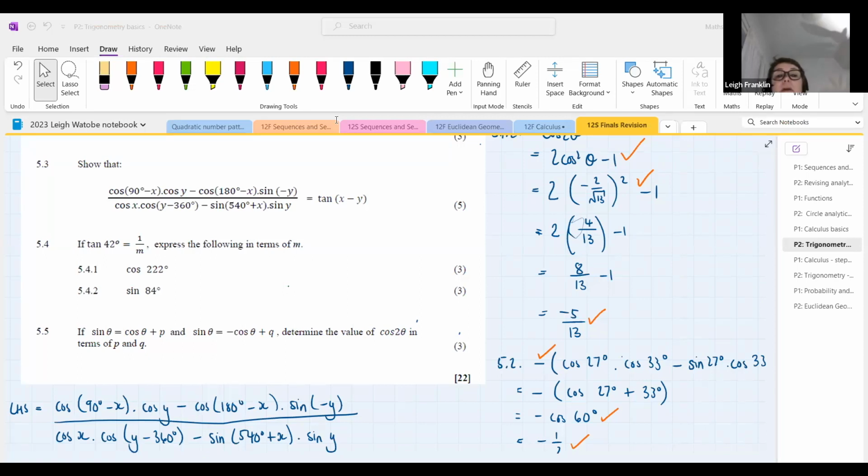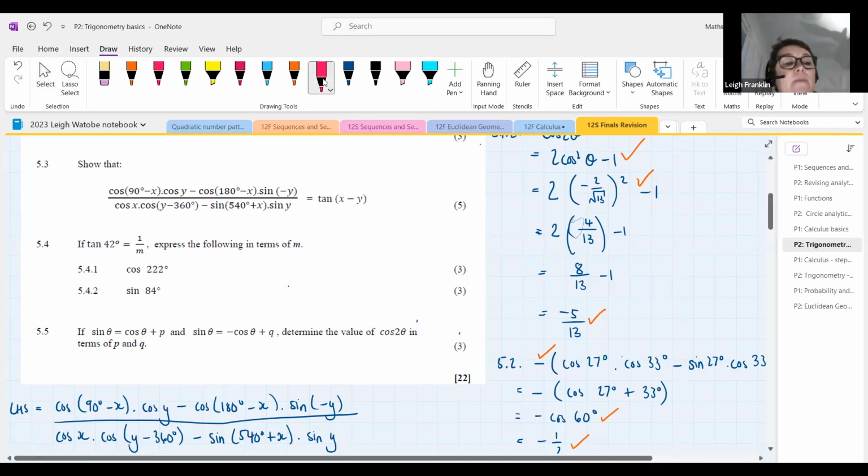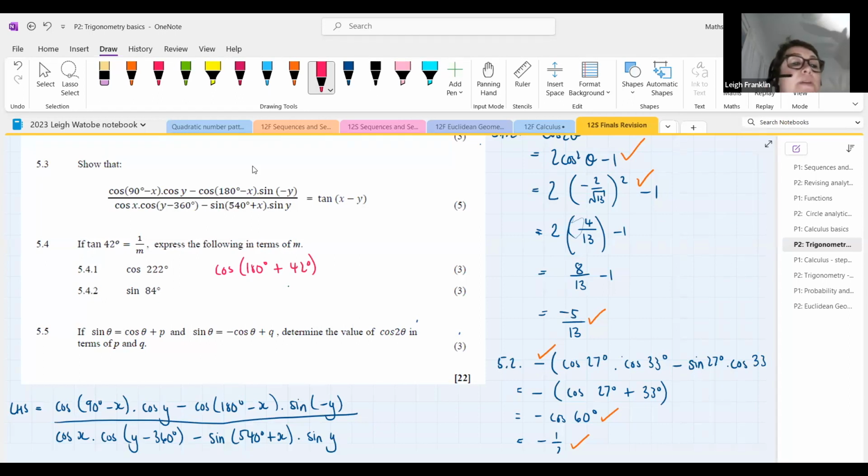Absolutely. Okay. So we're going to run into a problem, and I use the word problem in inverted commas here because it's not a real problem. I'm just making little notes on the side here. This is not part of my formal answer, but you're quite right. The cos of 222 is the cos of 180 plus 42, isn't it?